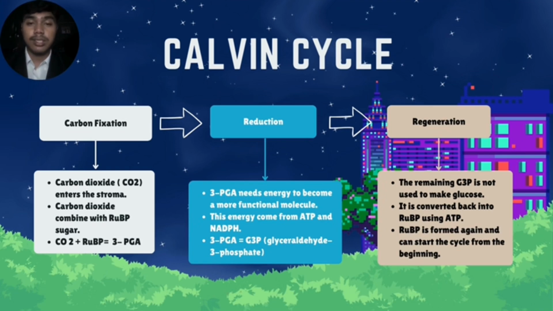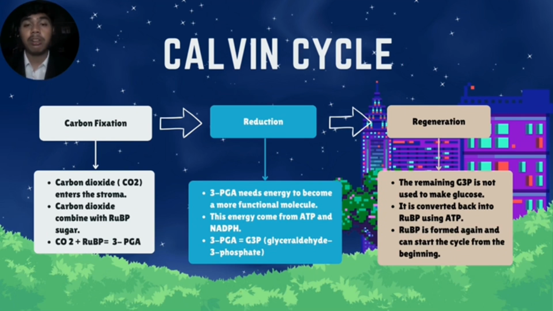In carbon fixation, the carbon dioxide will enter the stroma, and then the carbon dioxide will combine with RuBP sugar to produce 3-PGA. Then we move to the next stage, which is reduction. In reduction, the 3-PGA needs energy to become a more functional molecule. So where does the energy come from? The energy comes from the ATP and the NADPH.